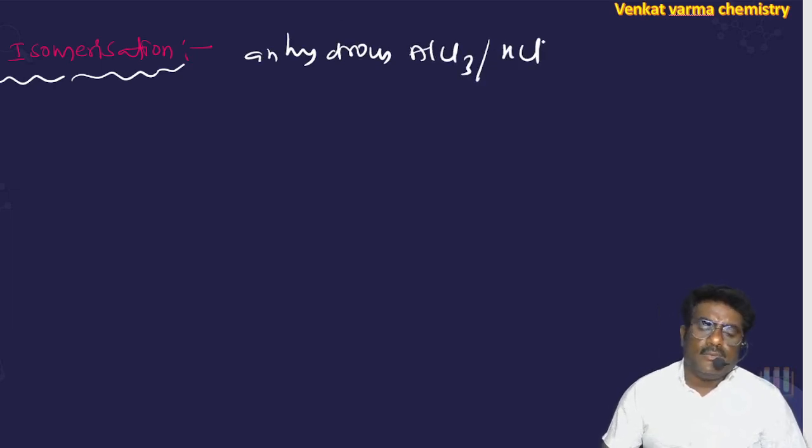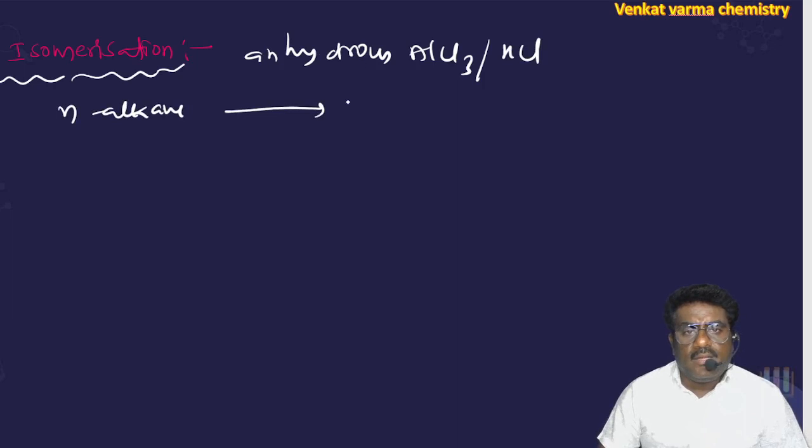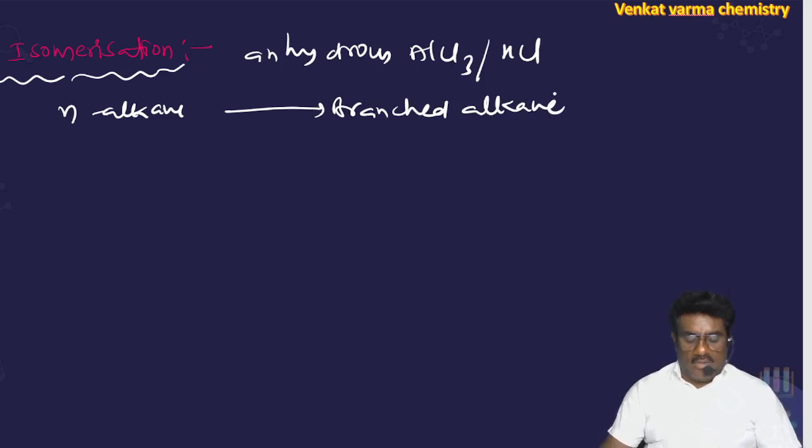Generally, isomerization means normal alkane to branched alkane.